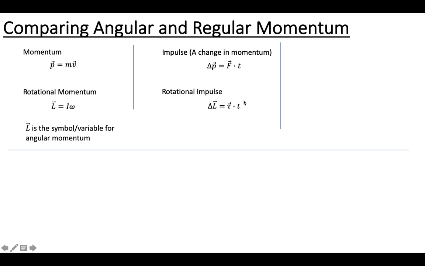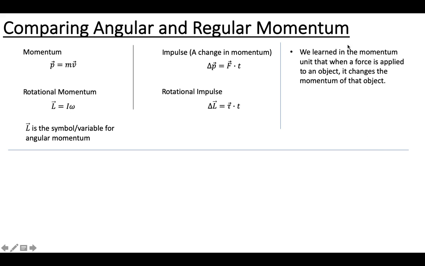And T is still the same T. T is time. That's nice, it didn't change. So we just have L instead of P, still momentum, just in a circle, and torque instead of force. Remember, all these arrows mean that these things are vectors, so direction matters, but I don't think any of your homework problems dealt with anything that changes direction, so we've pretty much been able to keep everything positive, which is kind of nice.